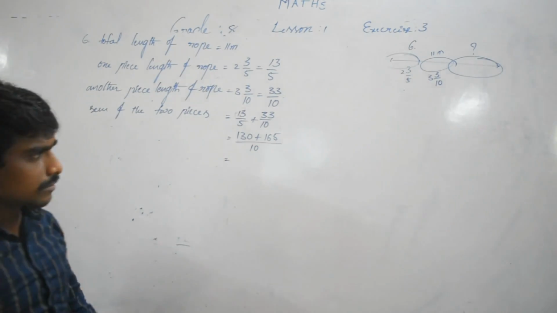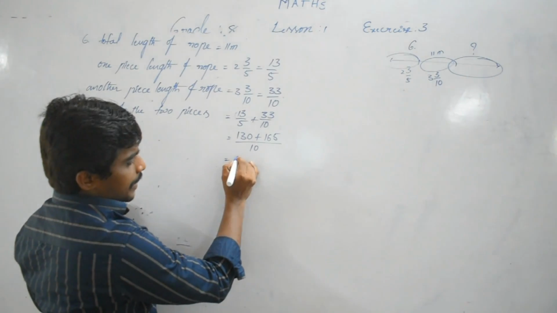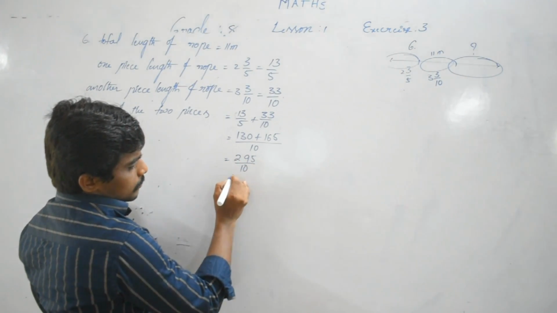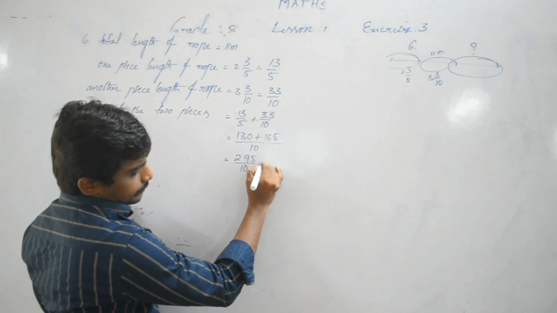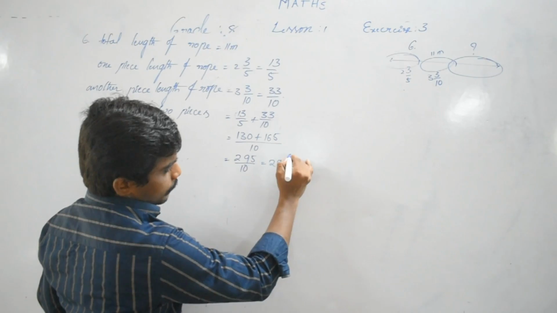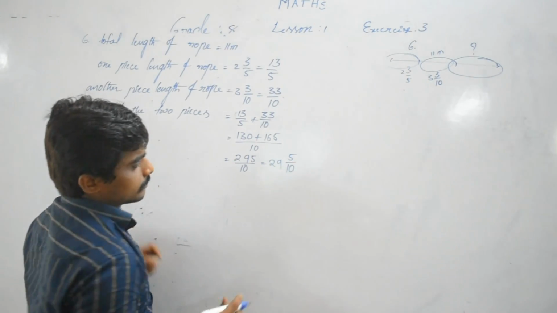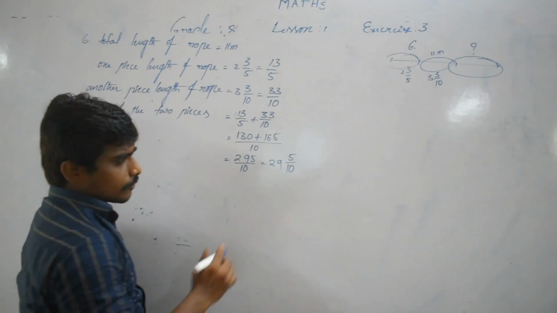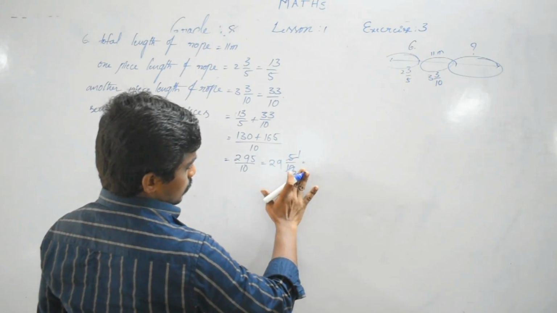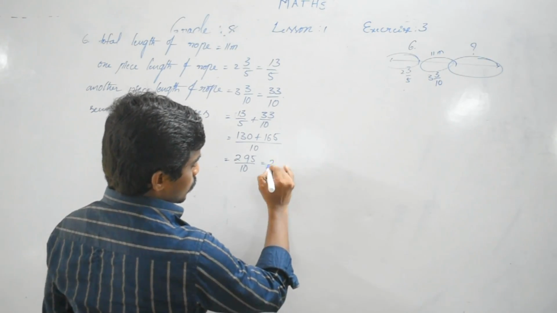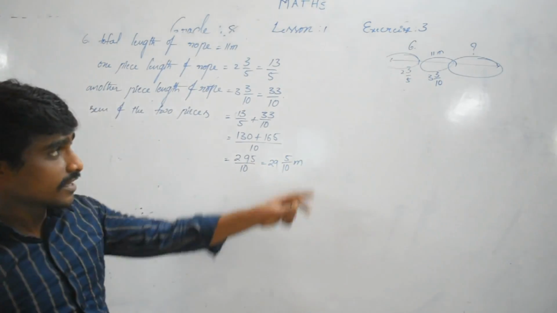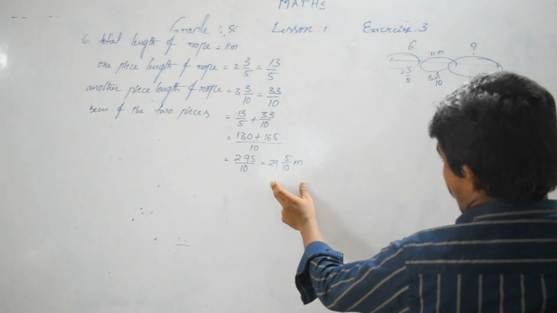So total 295 by 10. How do we convert this? 29 5 by 10 meters. So these two pieces are this long.